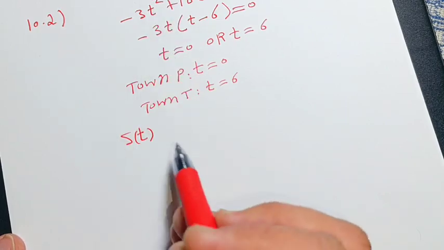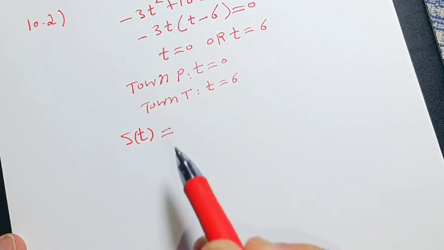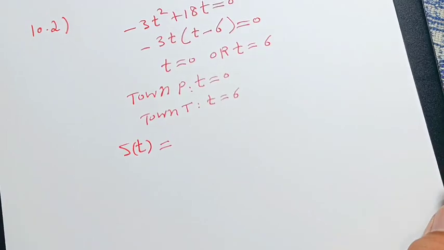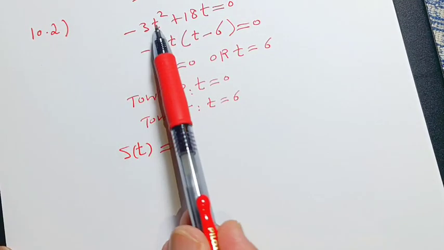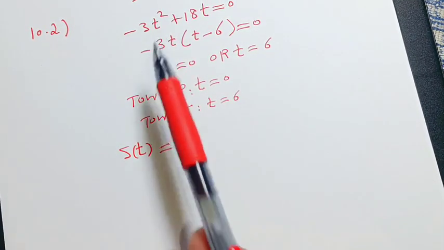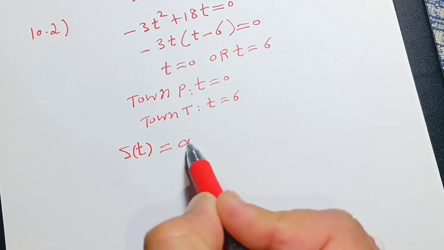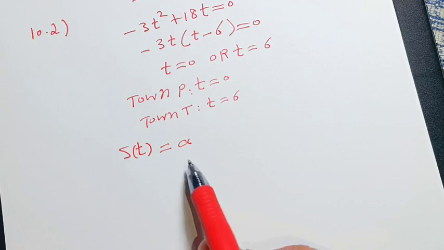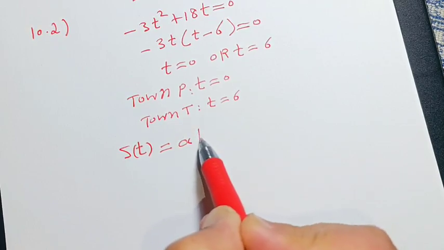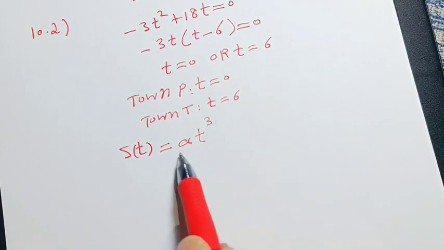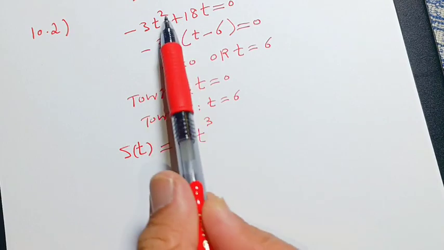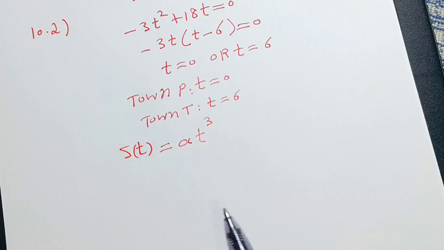I don't know the coefficients. All I know is this is t power 2, which means we're going to equate the coefficients. So there is a t power 3, with an unknown value a, and that's why we got t square.